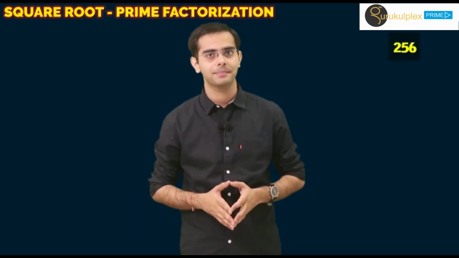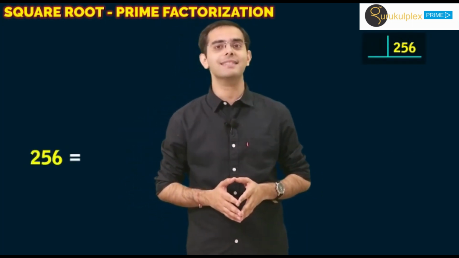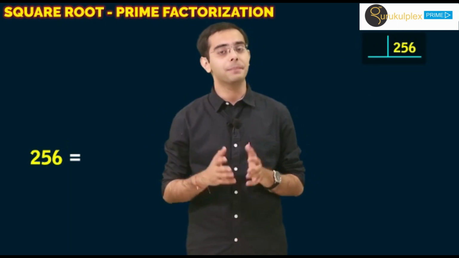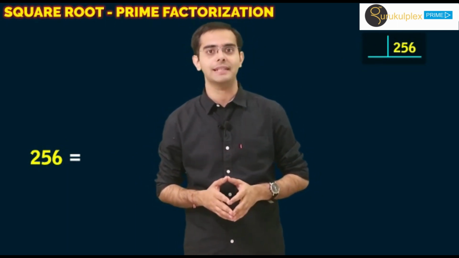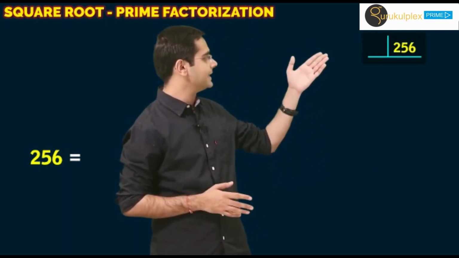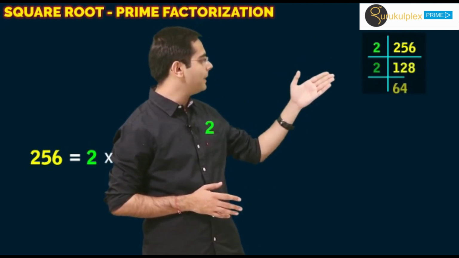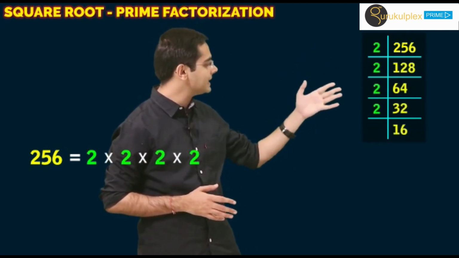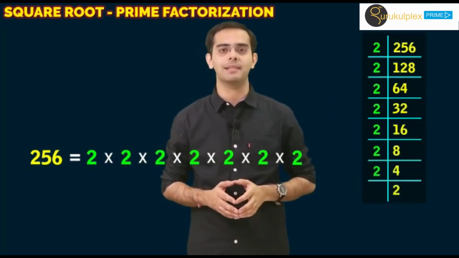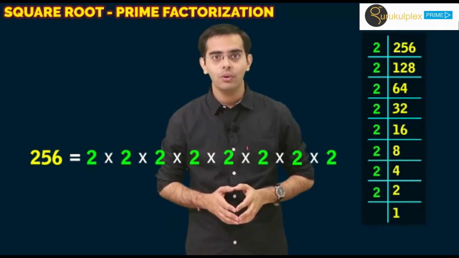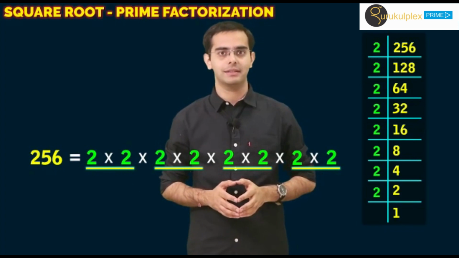Okay, can you now find the square root of 256 through this method? Let's apply the same steps. So the first step will be to prime factorize 256. The prime factorization of 256 is equal to 2 multiplied by 2 multiplied by 2, and this keeps on going till 8 times. Now we'll pair the prime factors.